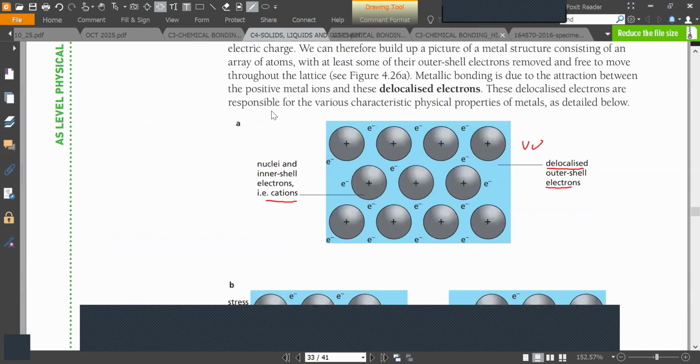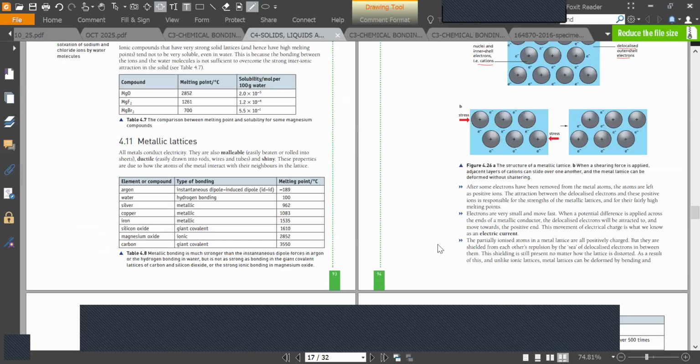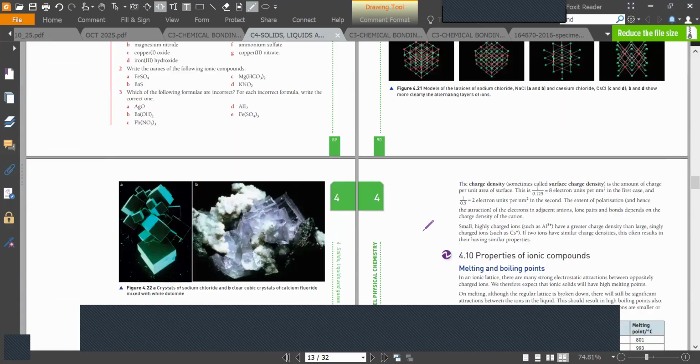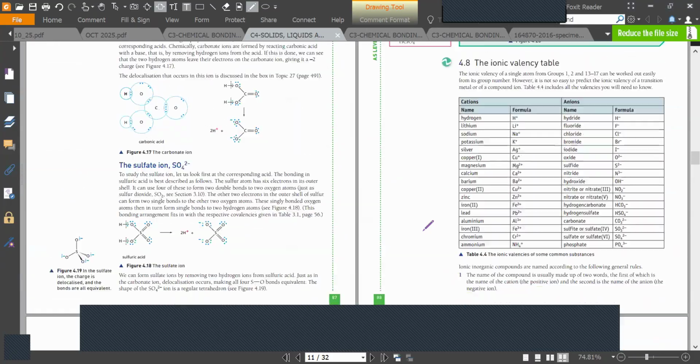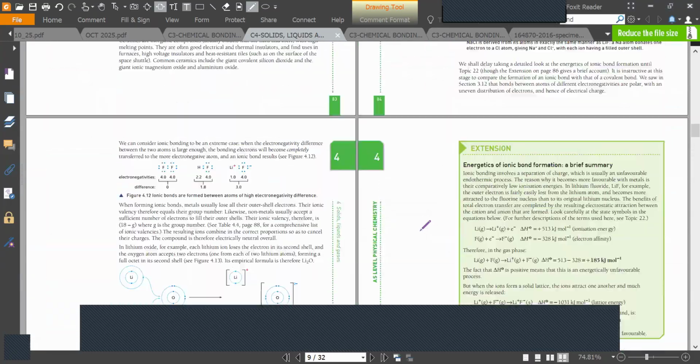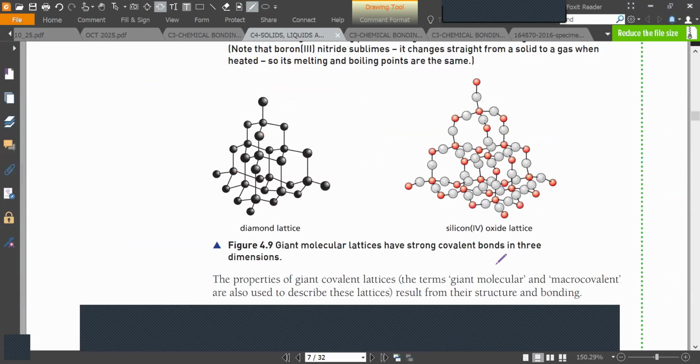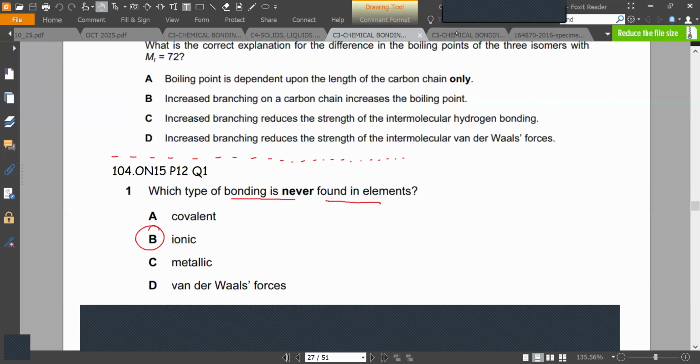So we know that silicon oxide is giant covalent. Giant molecular lattices.